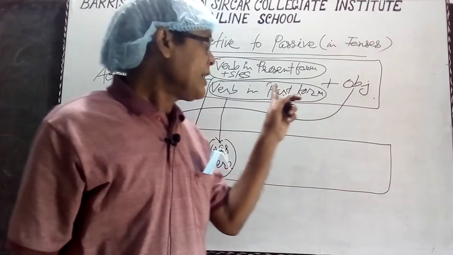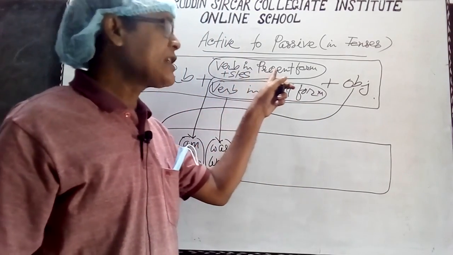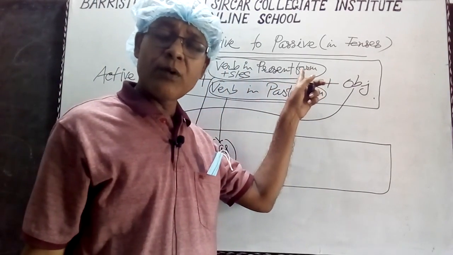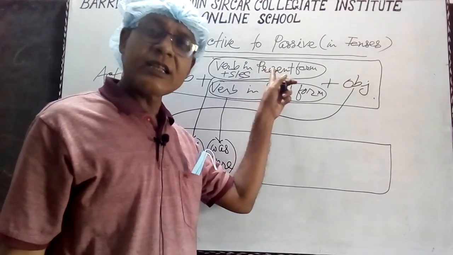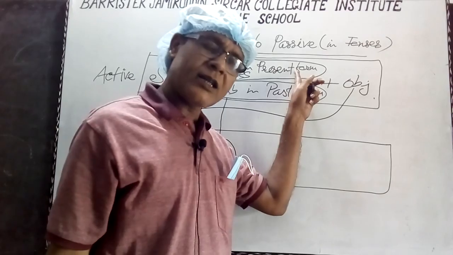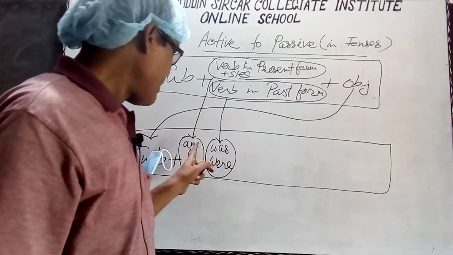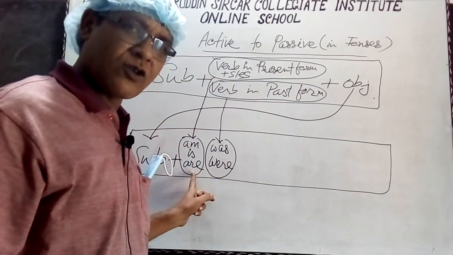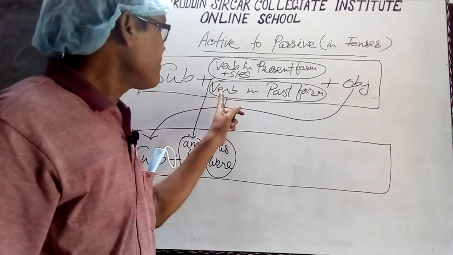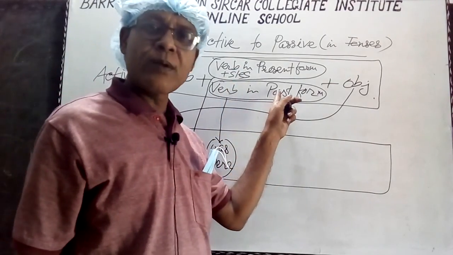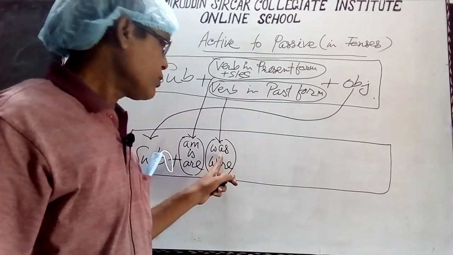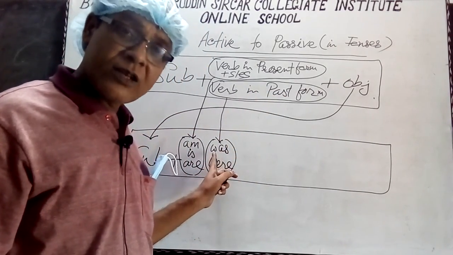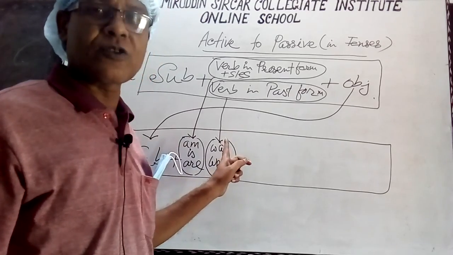I repeat, if the verb is in the present form and or takes s or es, then it is in the present indefinite tense, then we must use as auxiliary verb am, is, are according to person. And if the verb is in the past form and it is in the past indefinite tense, then we must use was, were as auxiliary verb according to the person.